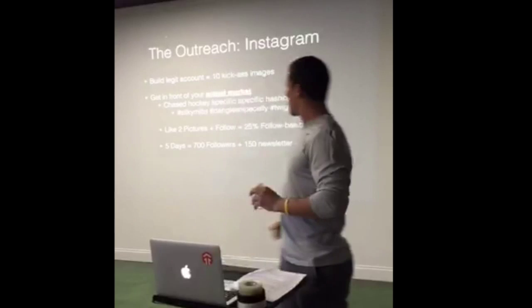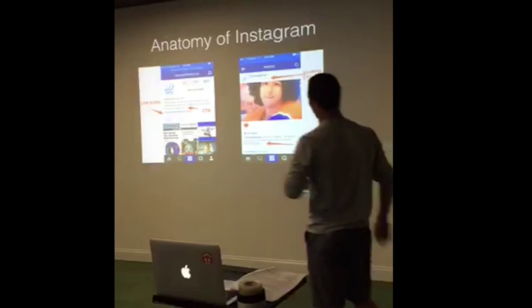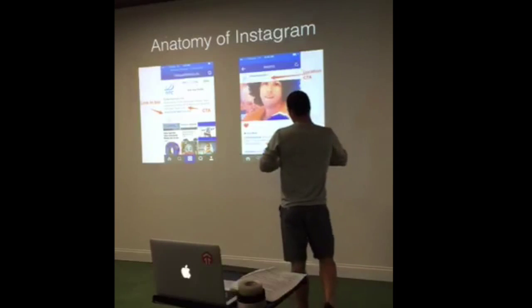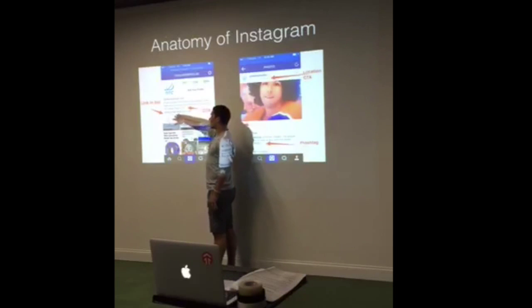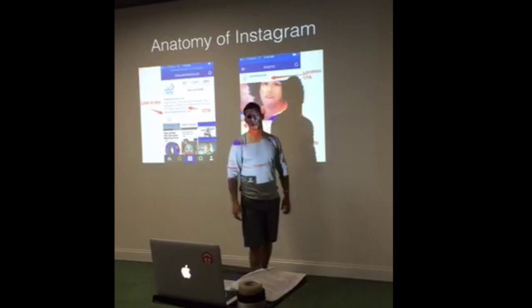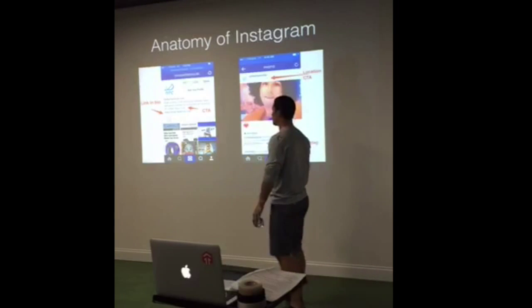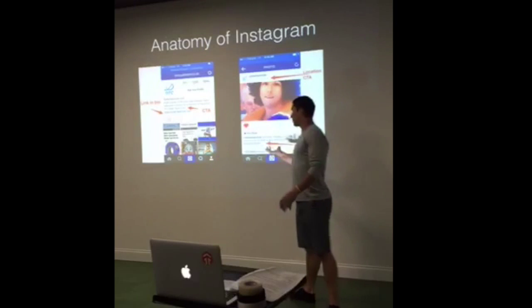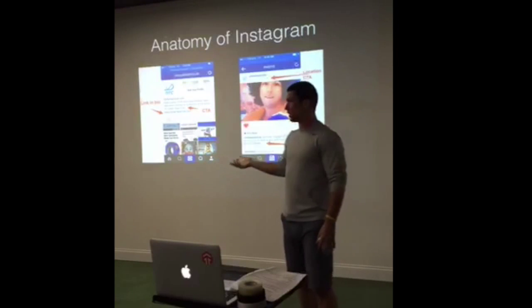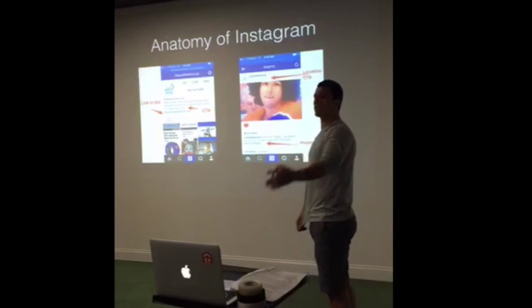Before I move forward, I want to show you guys a little bit about the anatomy of Instagram. Obviously, it looks like this. Starting here, you're allowed to put links in your bios. It's the only place that allows links on Instagram. It's super important. Put a link in your bio. Not only that, it's dynamic, so change it every chance you get. It's the same as landing pages, right?